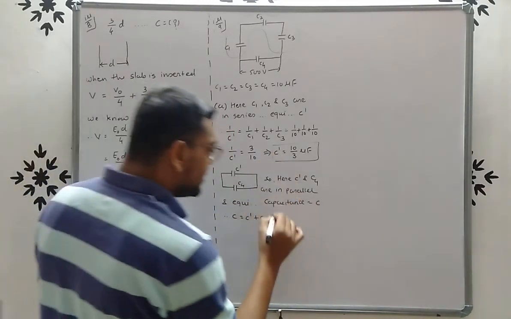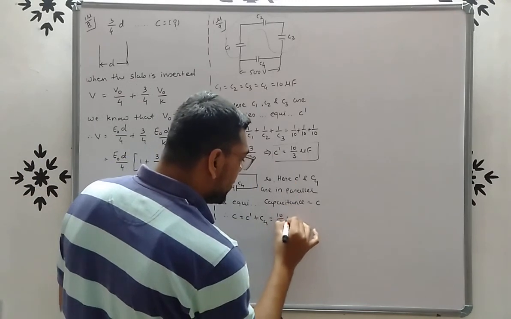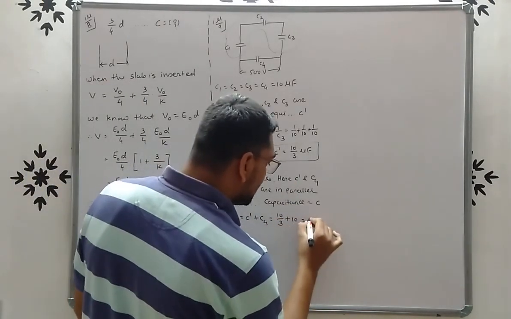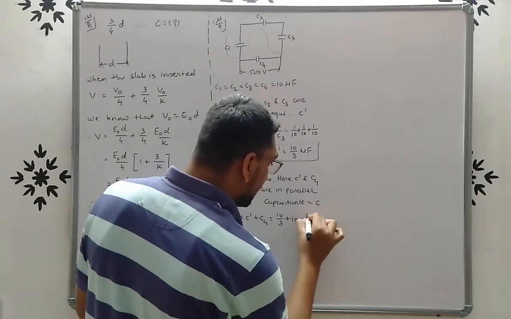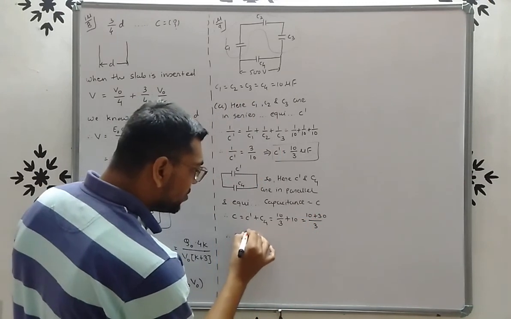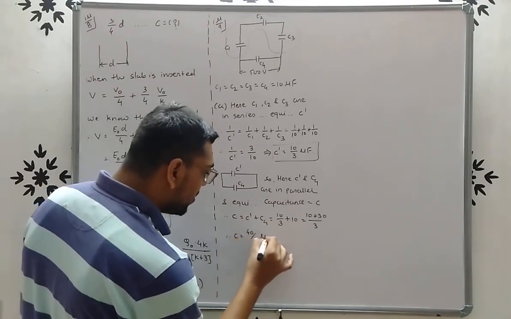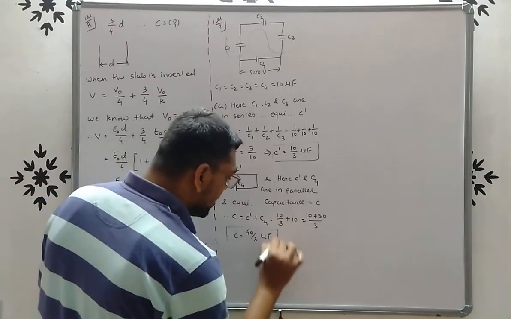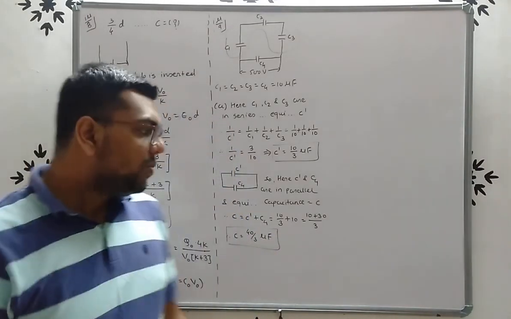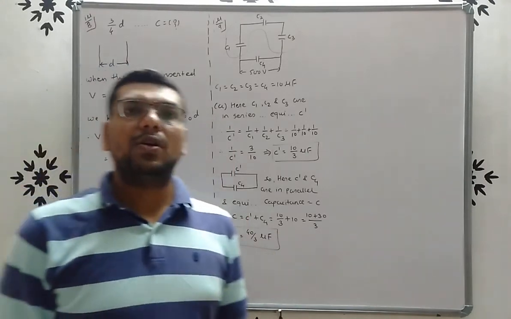Value of C dash is 10 by 3 plus value of C4, 10. So here we take 3 as LCM. So 10 plus 30, we get C is equal to 40 by 3 microfarad. So the equivalent capacitance of this circuit is 40 by 3 microfarad.